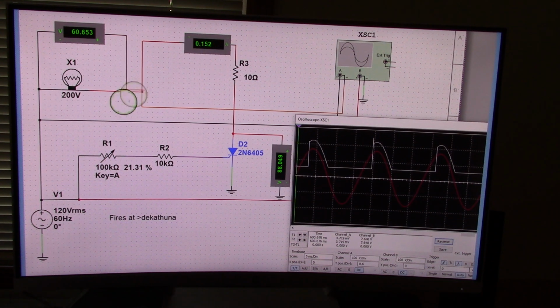This is an ammeter, in series going into this resistor through the SCR to ground. And this is a voltmeter measuring the voltage across this SCR. The red line here is the sine wave, which is the input voltage, and this white line here is what's dropped across this lamp.